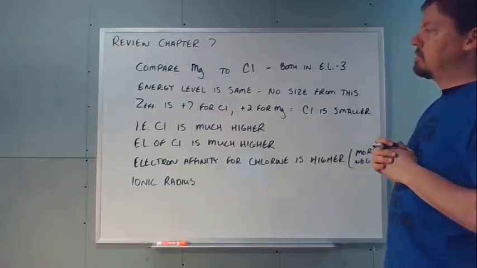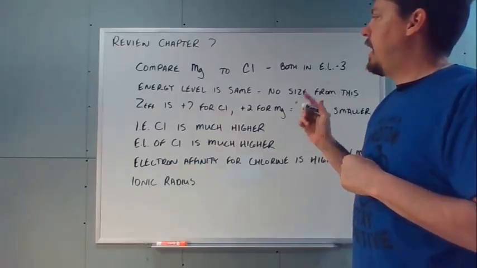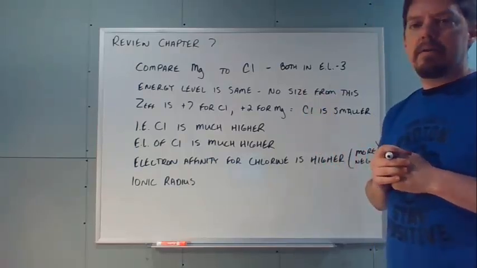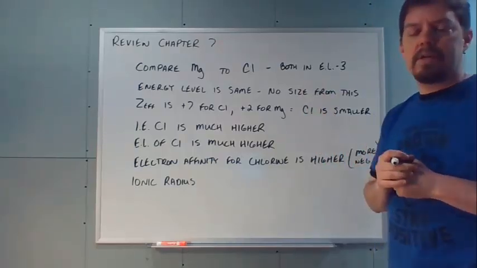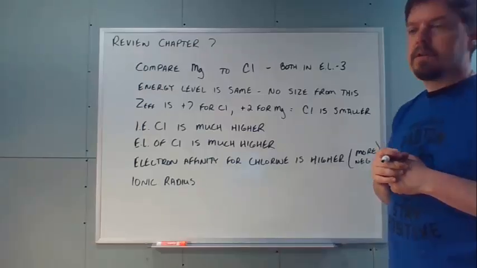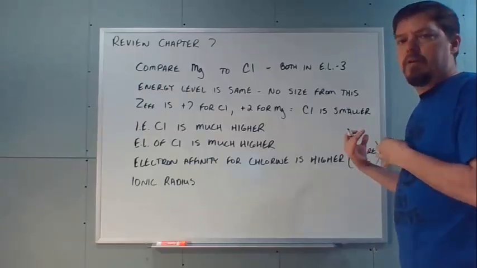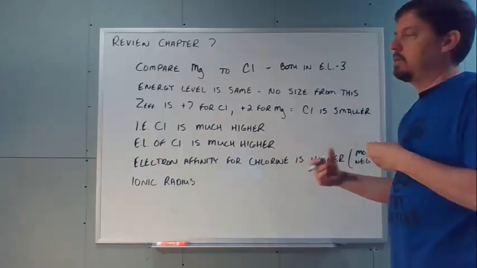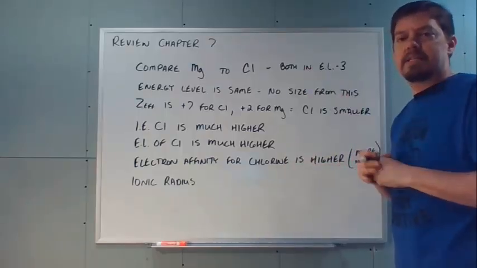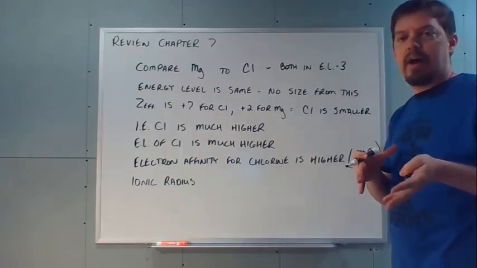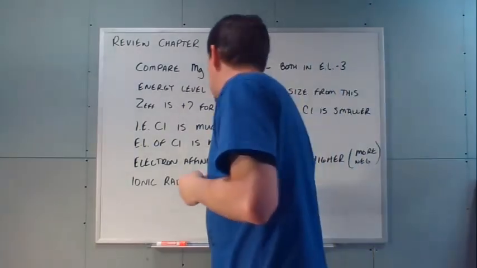So magnesium's going to lose 2 electrons, and when it does that, it's going to mimic neon. Chlorine's going to gain an electron, so when it does that, it's going to mimic argon. So because of that, argon we know has 1 more energy level than neon does.